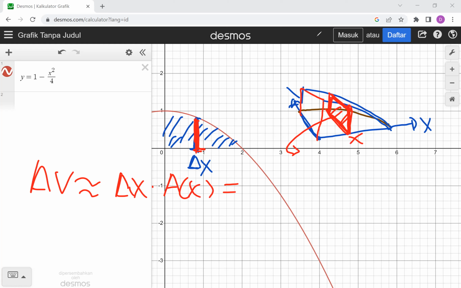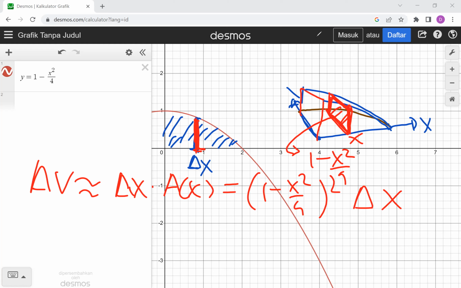If x is here, the side length will be 1 minus x squared over 4. So in that case, you will have (1 minus x squared over 4) squared multiplied by delta x.